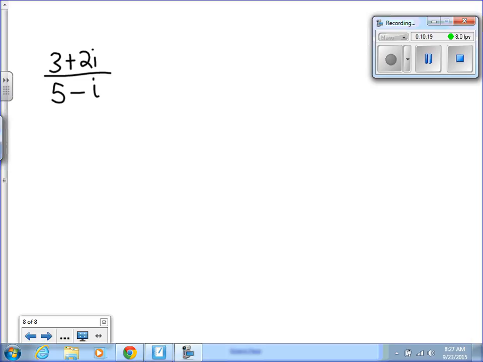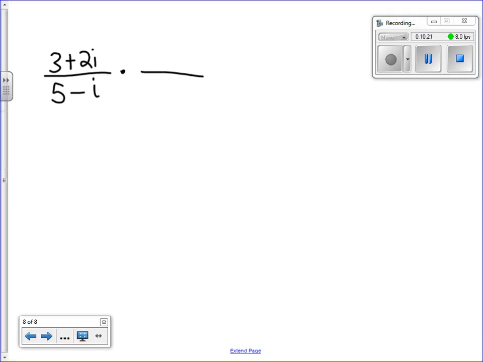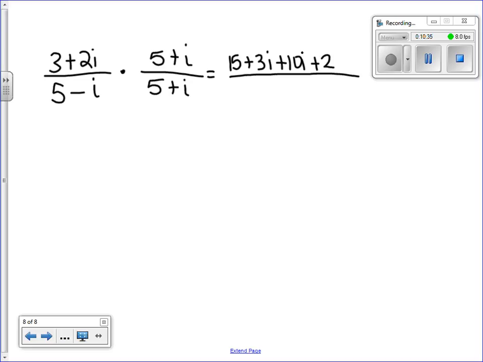Okay, what am I going to multiply by? Alright, so that's going to be what on top? Alright, great. Which then turns into 15.